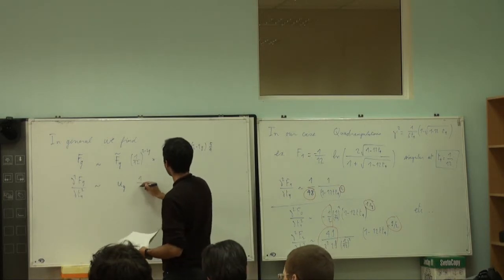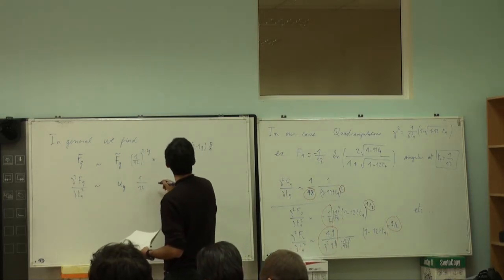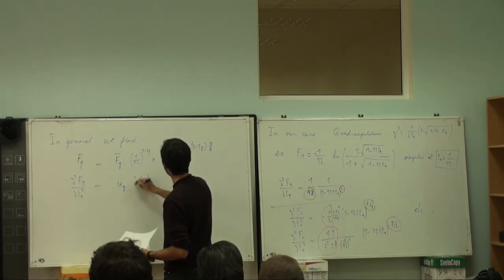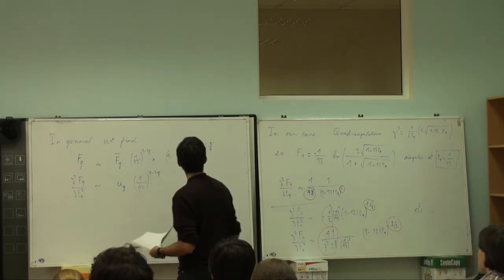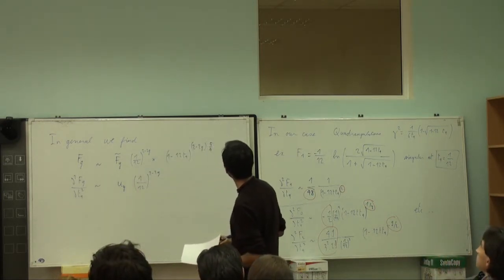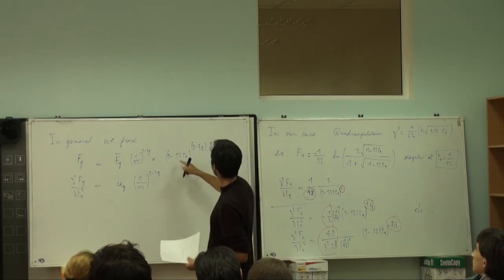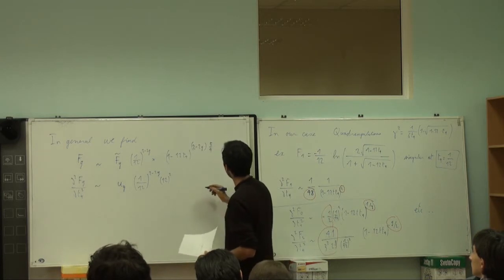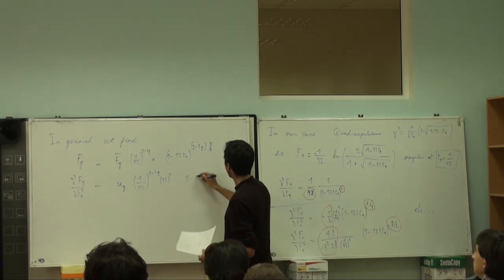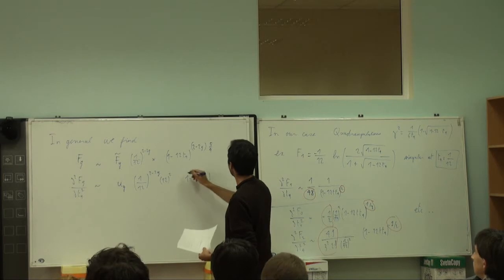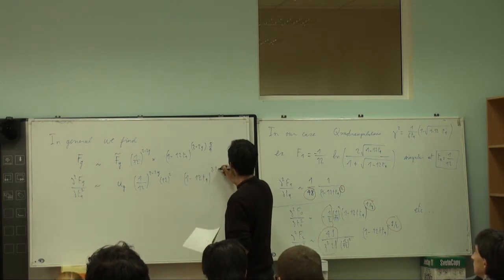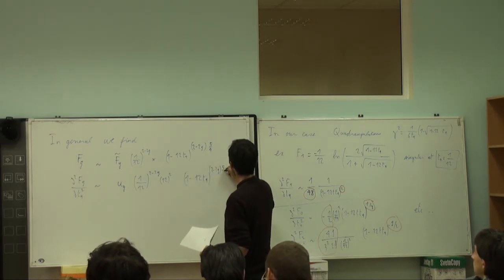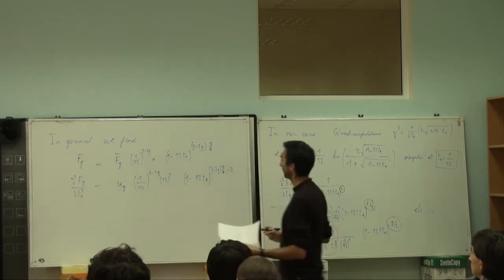So 1 over 12 to 2 minus 2g. There will be the 12 to the square coming. 12t4 to the power 2 minus 2g times 5/4 minus 2.